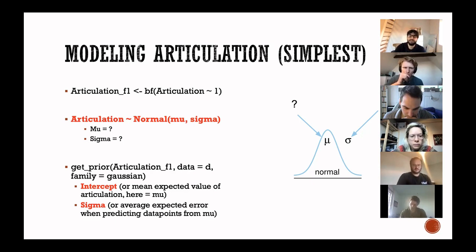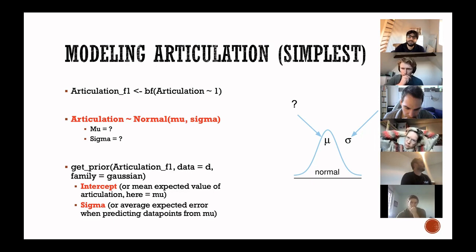And it tells us, you'll see it in the exercise, but basically that there are 2 priors we need to set. One is the intercept and the other is the sigma. The intercept is the mu, the sigma is the standard deviation, right? And just to make these very explicit, what is the intercept or mu? It's the mean expected value of articulation. That is, if we didn't know anything else, what would we expect the vowel space area to be when we sample a new participant?